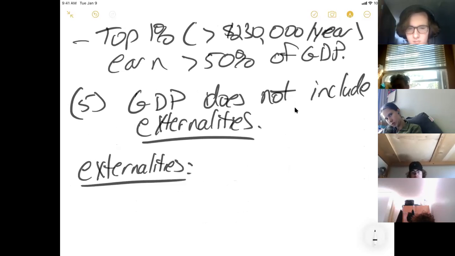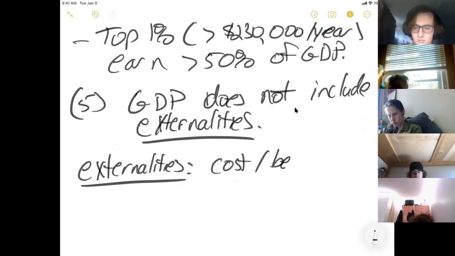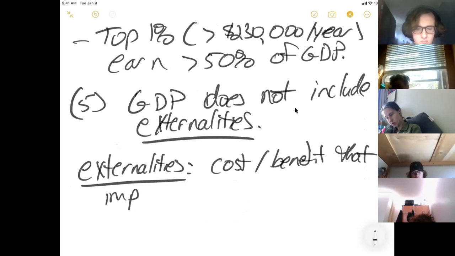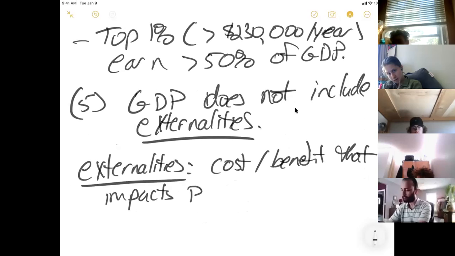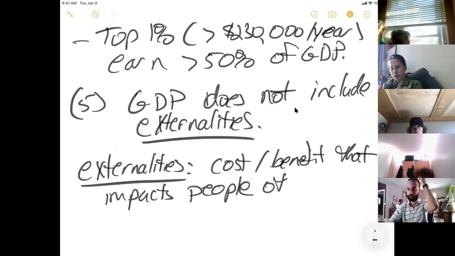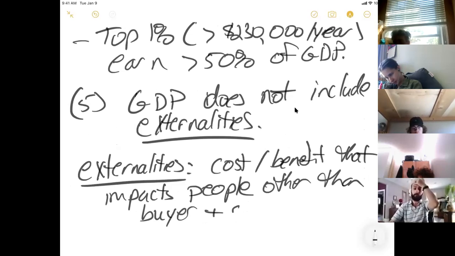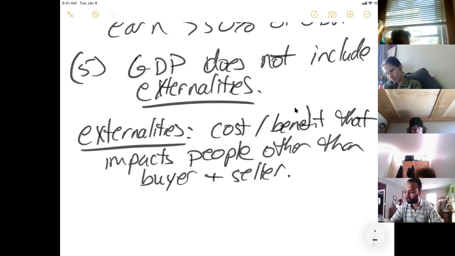An externality is a cost or a benefit that impacts people other than the buyer or seller. So when there's a transaction and there are costs and benefits that impact people other than the buyer and seller, that is an externality.